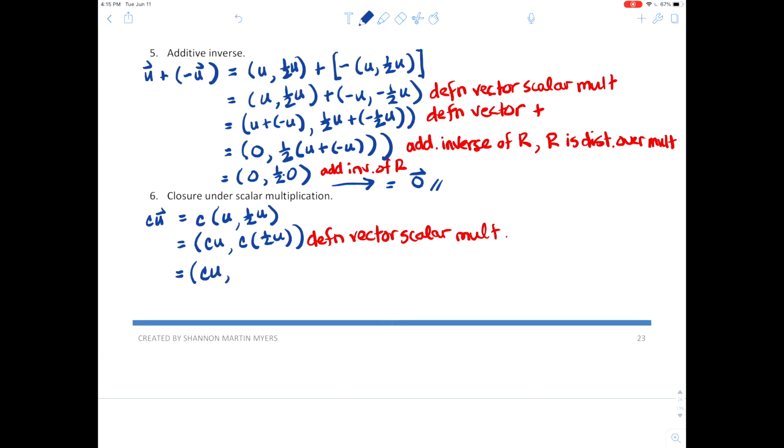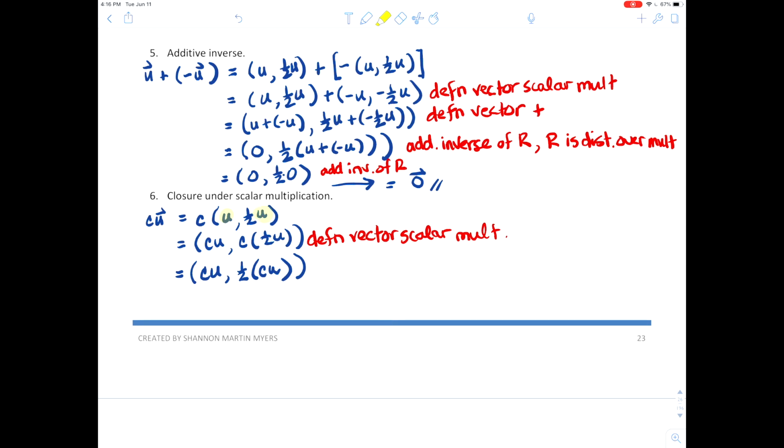Now remember that the real numbers are commutative, right? The real numbers are commutative in multiplication as well as addition. So if we commute the c and the 1/2, we'll have 1/2 times c times u, which is what we wanted, right? Here you've got u comma for the first component, and then 1/2 of u for the second component.